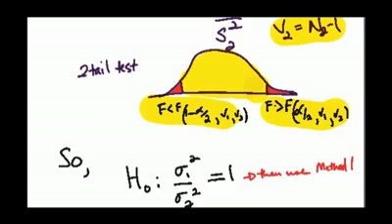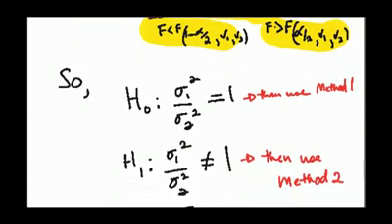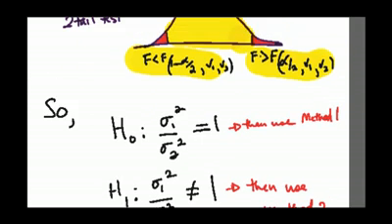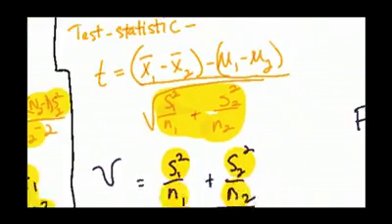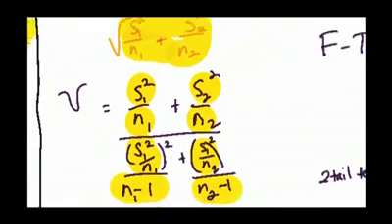So here we have the alternative. If they're not equal, let's say our F ratio of samples landed in either rejection region, either over here or in this area, then we would use the second method, in which this is your test statistic, and that's your degrees of freedom.